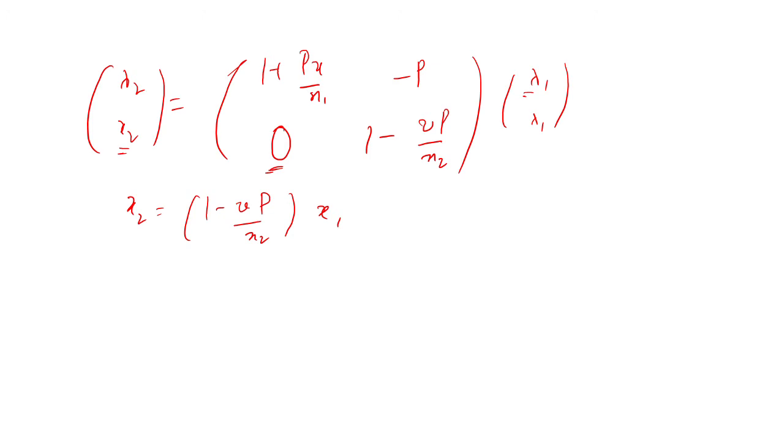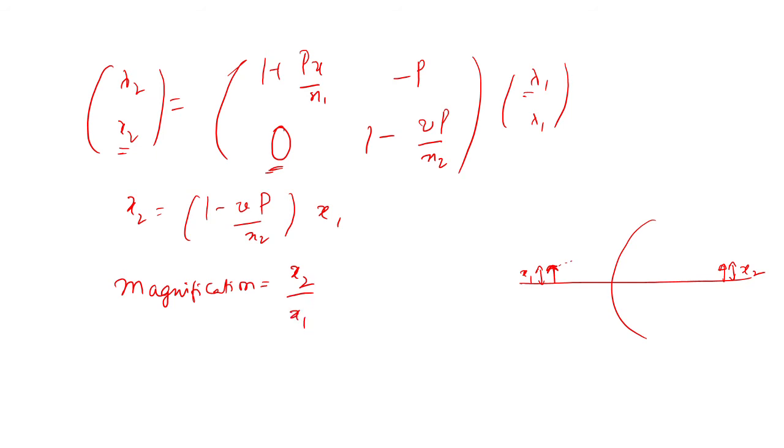Now x is the height of the object. So if I had a lens here, and I have this object here, say a ray of light is going from here, this height is x1. And the image say forms somewhere here, and this height is say x2. Then remember we defined magnification as height of the image by height of the object, so that would be x2 by x1.